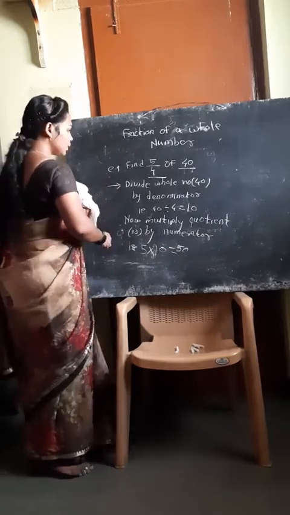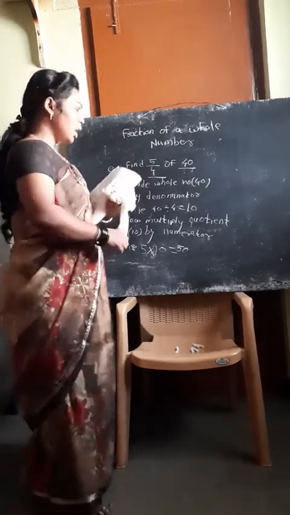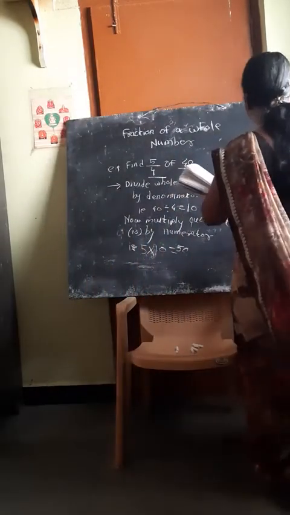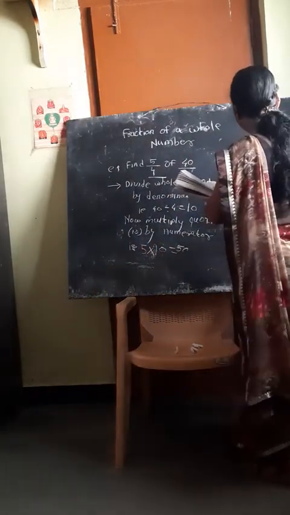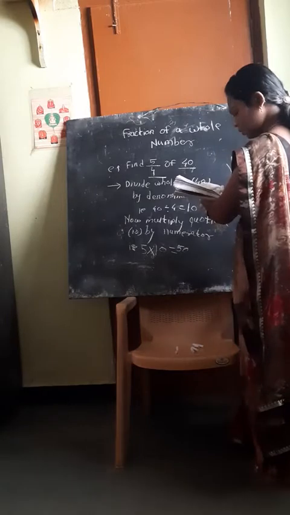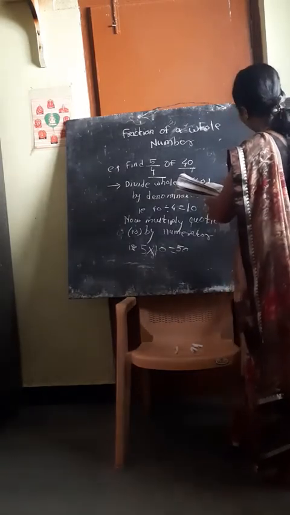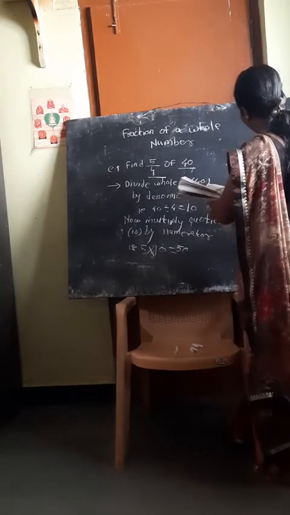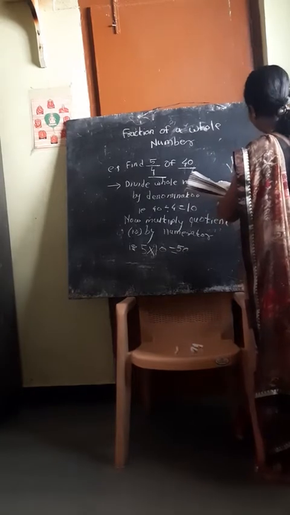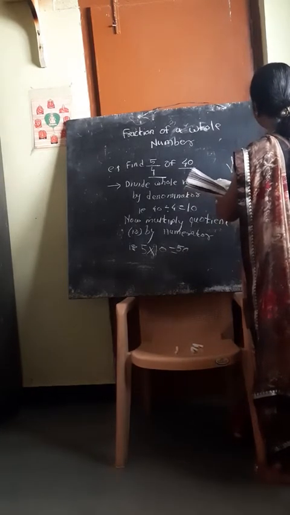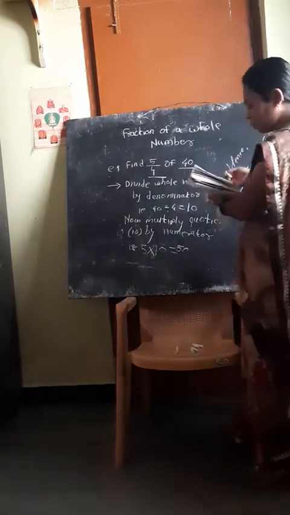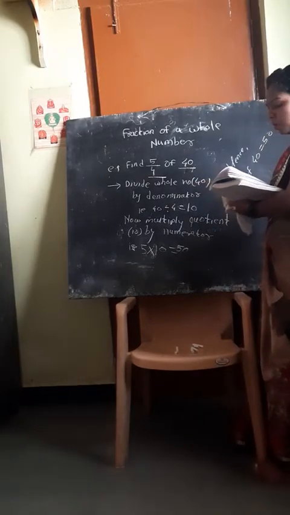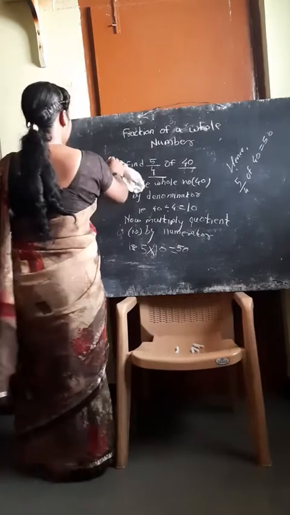Hence, 5 upon 4 of 40 is equal to 50. Next, let's see the second example.